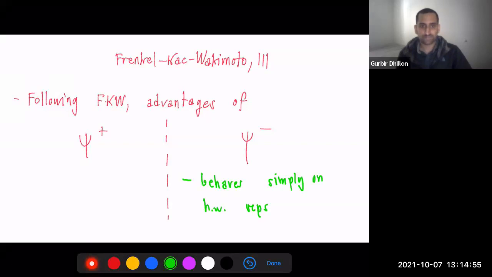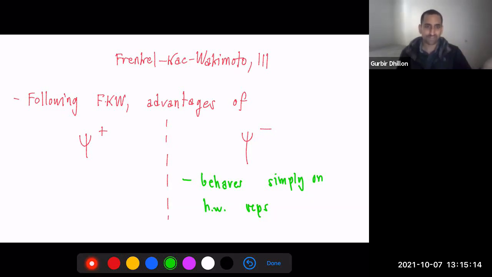It's pretty easy to say which simples will die, which ones will live, and also what the corresponding W representation should be. So that's clearly an advantage of the minus reduction. And so you might hope we can just ignore the plus reduction.